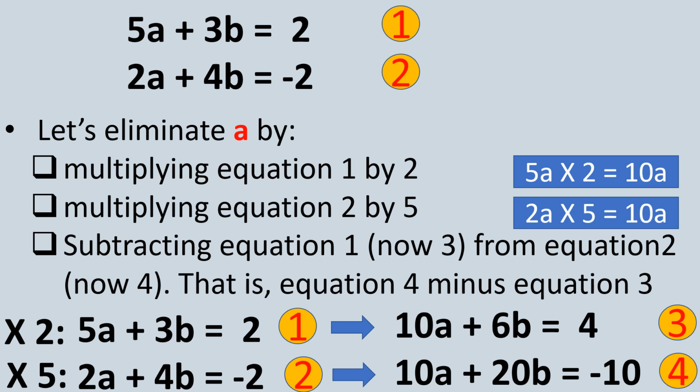So equation 2, by virtue of the new multiplication, has been transformed from 2A plus 4B equals minus 2 into 10A plus 20B equals minus 10, and is also renamed as equation 4. So we have two new equations, equations 3 and 4.